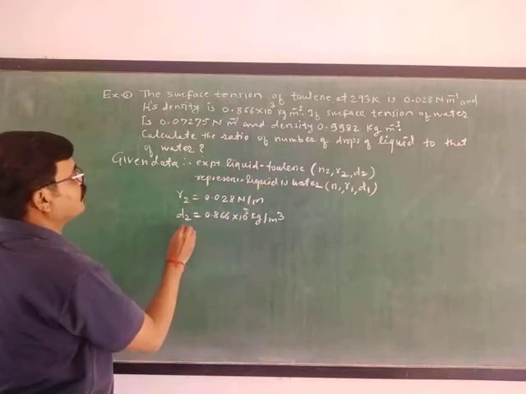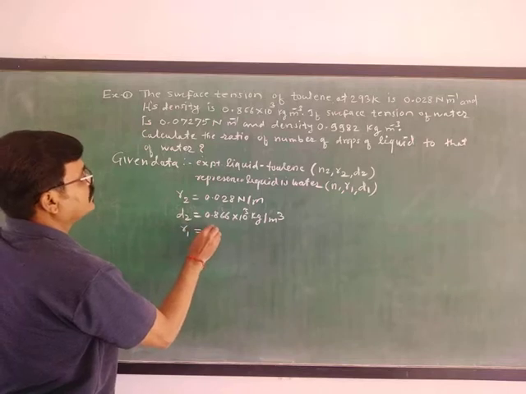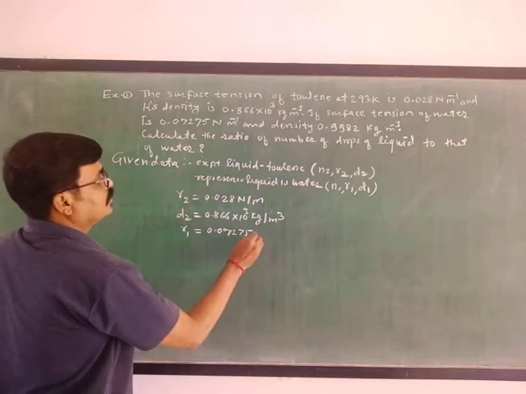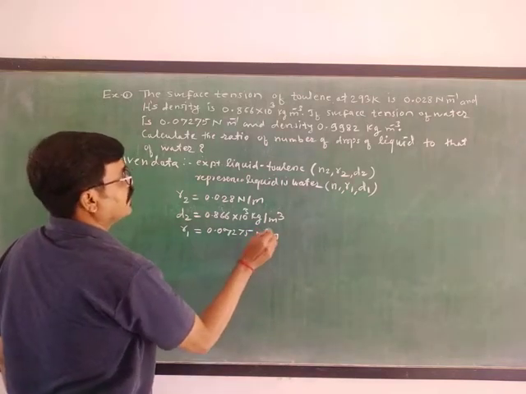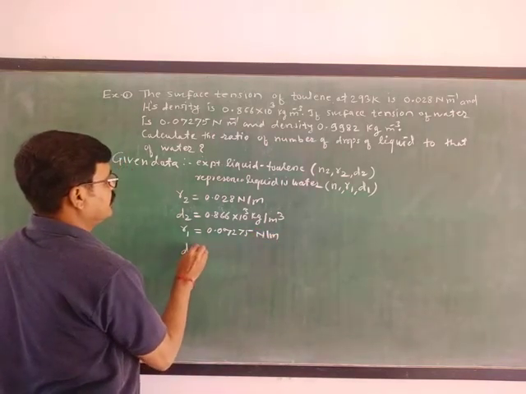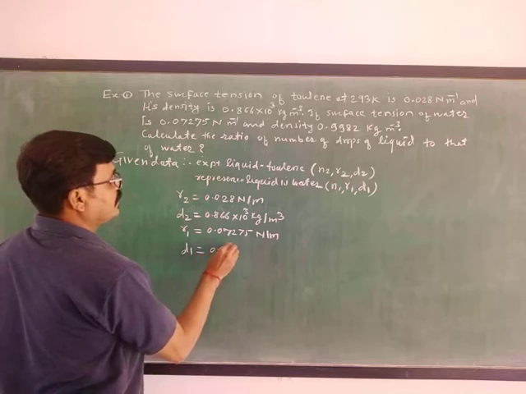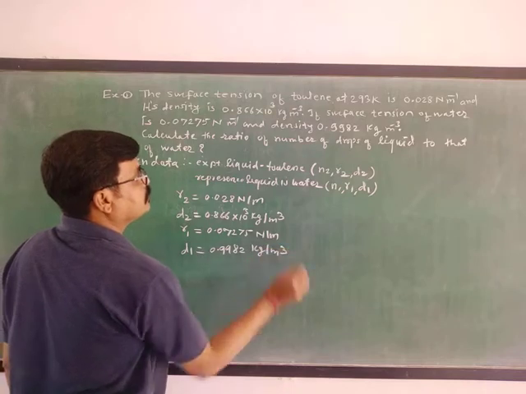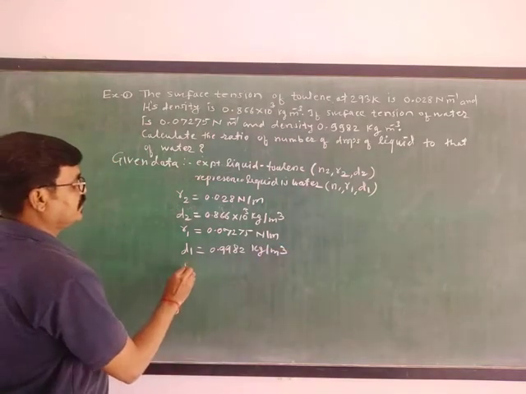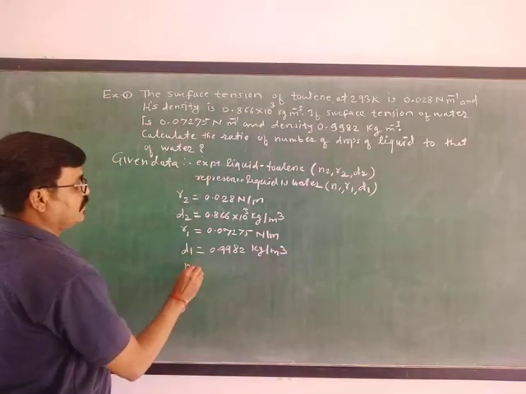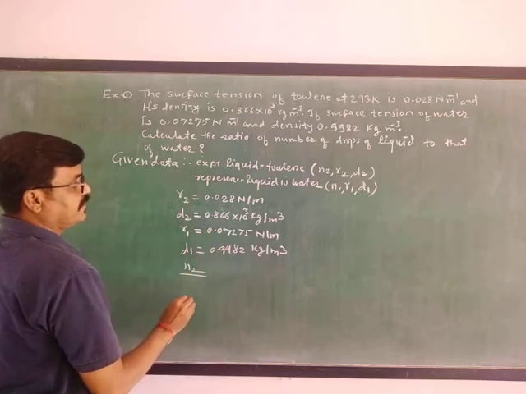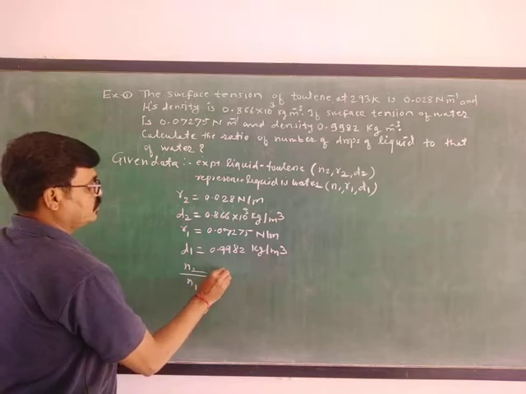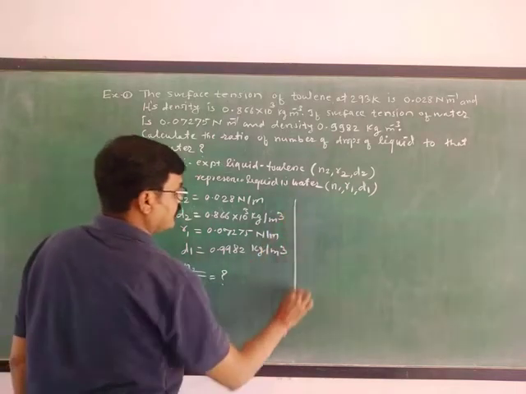The surface tension of water, gamma 1, is 0.07275 Newton per meter, and density of water D1 is 0.998 kg per meter cube. Then we calculate the ratio of number of drops of experimental liquid, that is toluene, N2 to N1.